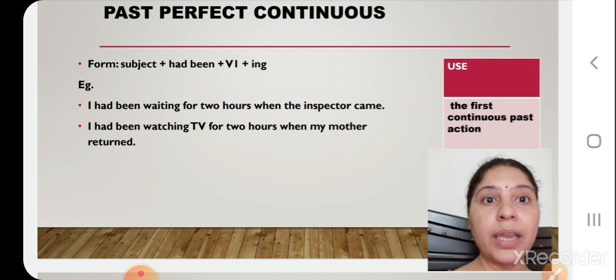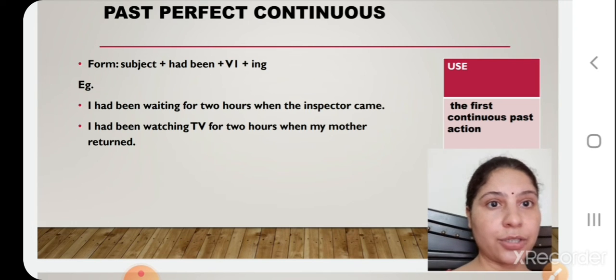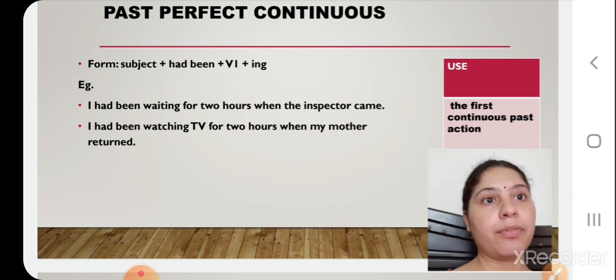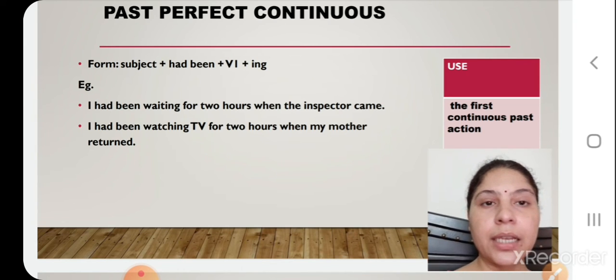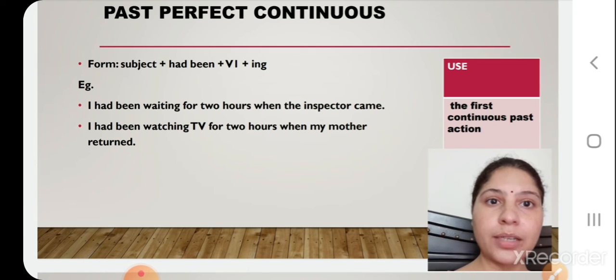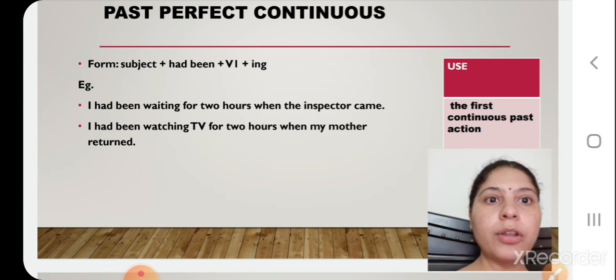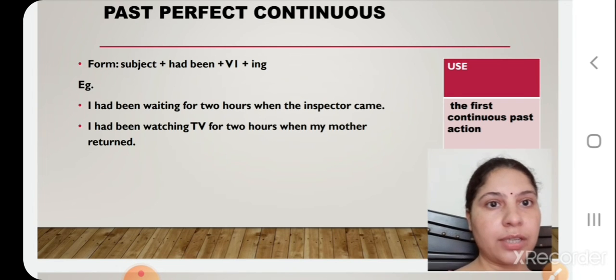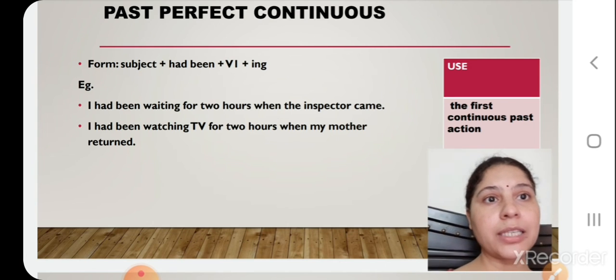Waiting, and waiting is a continuous action, so it is past perfect continuous. I hope I am clear. Look at the second sentence. I had been watching TV for 2 hours when my mother returned. Here also two actions, watching TV and returning of the mother. Which one happened first? Watching TV, and this was not completed, this was continuing, so past perfect continuous.